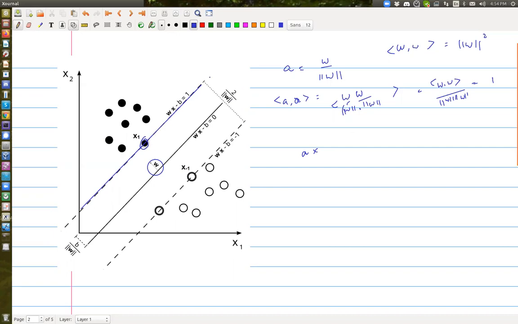Let's call this AX value maybe B1. And this value is maybe C1, and this is C2. So AX1 is equal to C1, right? And then AX2 is equal to C2, right?